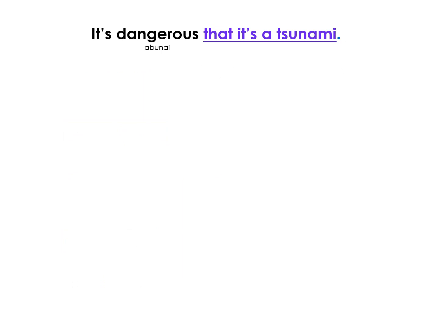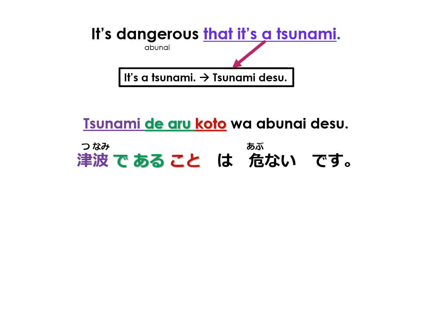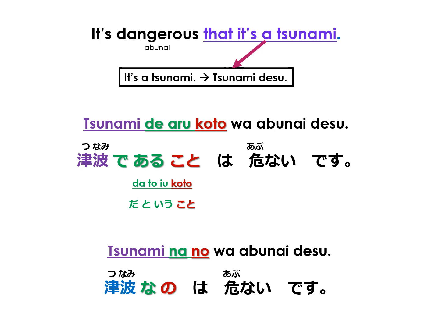The sentence, it's dangerous that it's a tsunami. It's a tsunami has to be nominalized. Nominalizing using koto, that would be 津波であることは危ないです。And using the other style, 津波だということは危ないです。And using no, that becomes 津波なのは危ないです。Using koto, you're emotionally detached from the statement, like making a general statement.